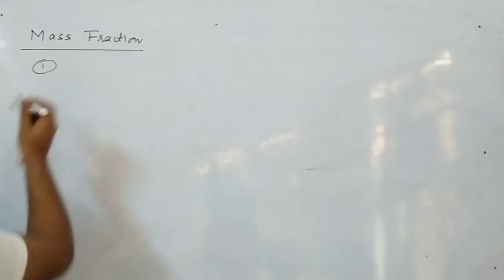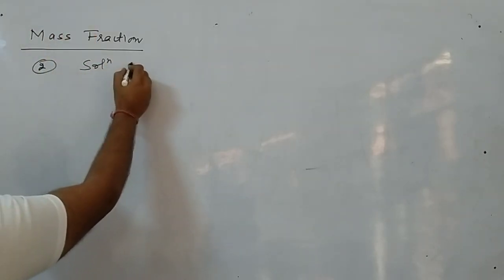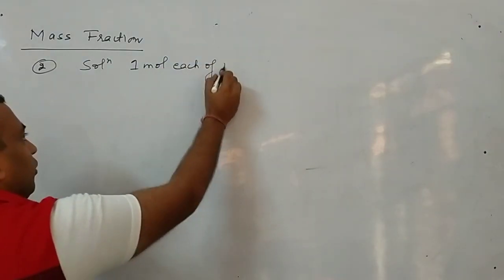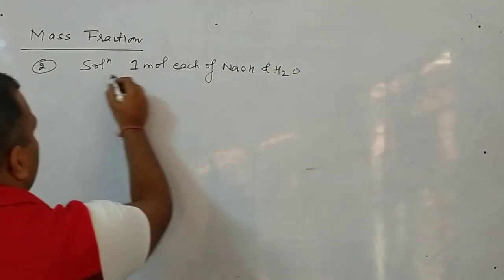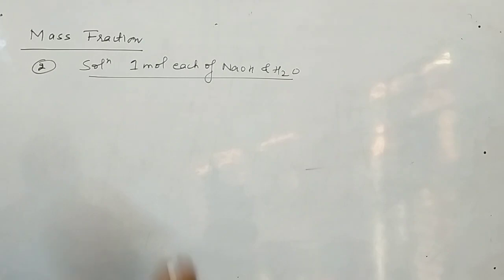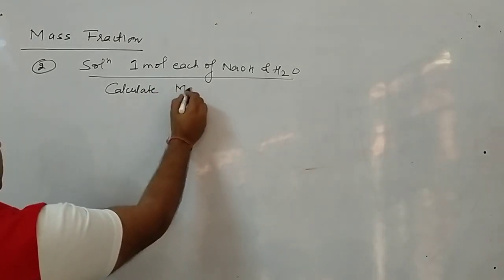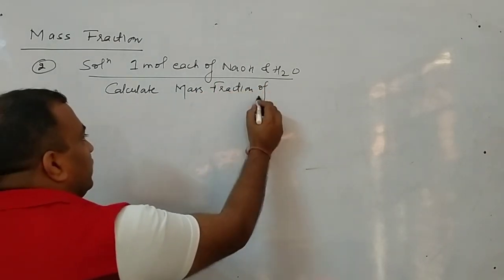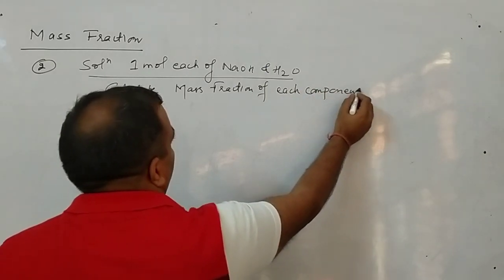Question number 2. A solution contains 1 mole each of NaOH in water. Calculate mass fraction of each component.